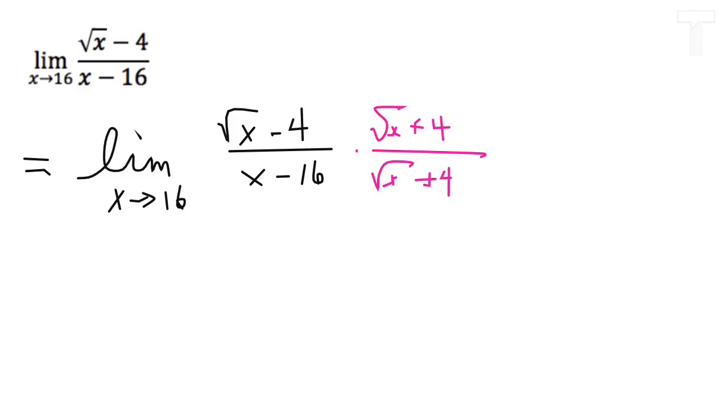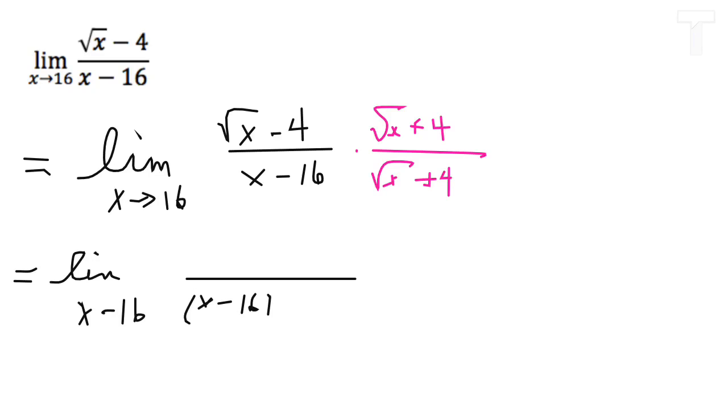So watch what happens. That's going to equal the limit as x approaches 16 of, when I multiply in the denominator, I'm just going to write this as x minus 16 times square root of x plus 4.